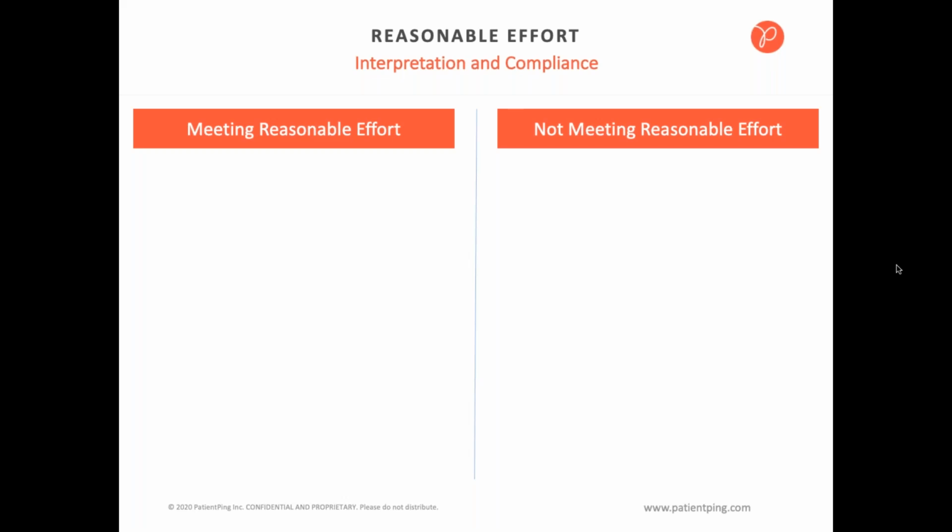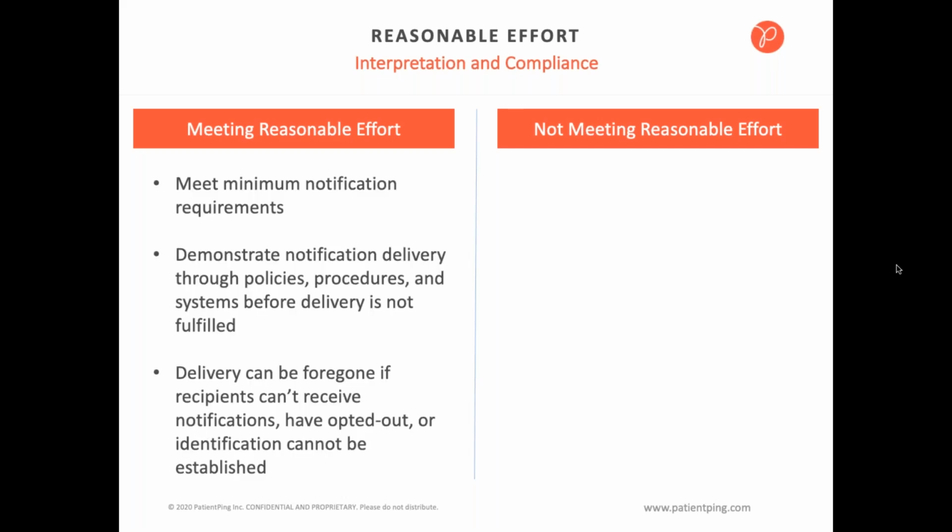So at a basic level, reasonable effort means that hospitals will need to demonstrate meeting the minimum requirements in the rule. Those minimum requirements are sending all the required notification types that we talked about in real time to the specified recipients that need the information for treatment, care coordination, or quality improvement activities.